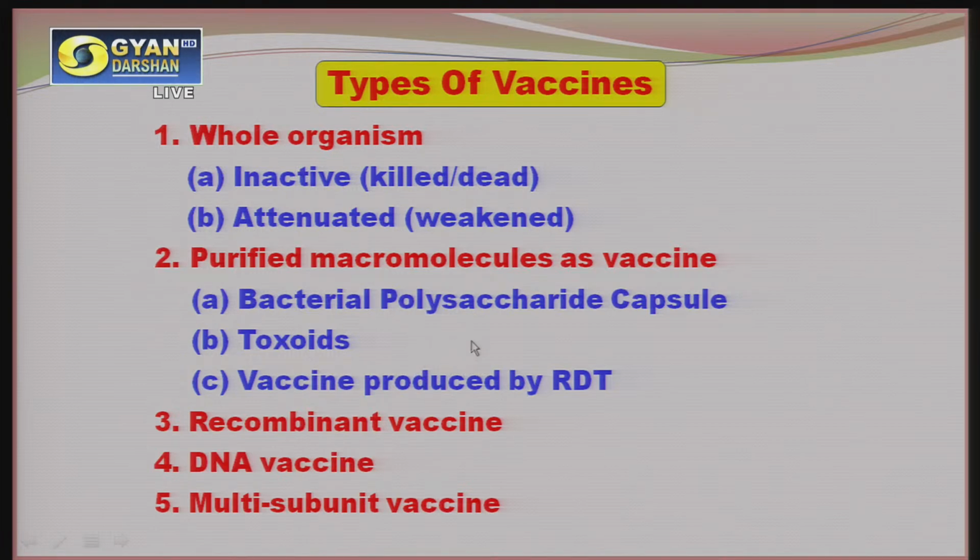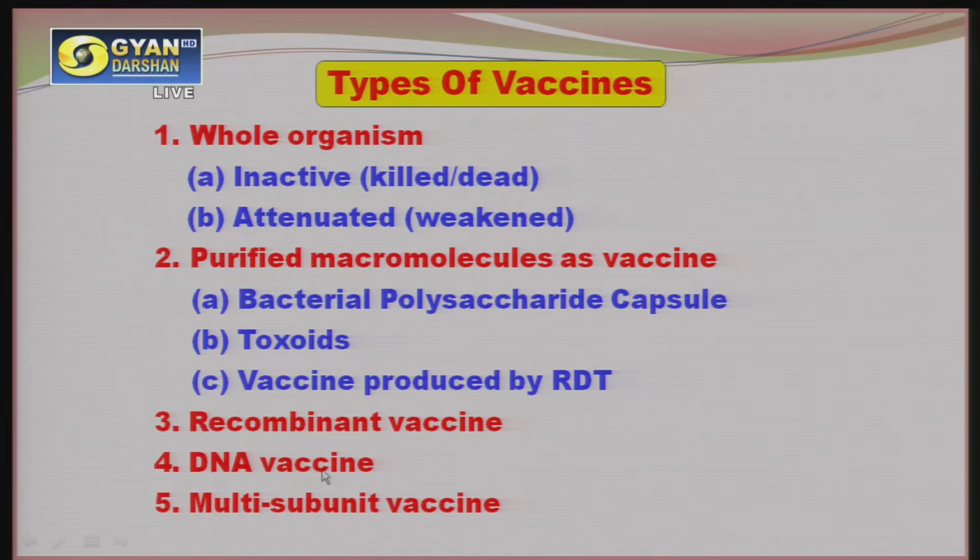We can ligate it, or we can inject it inside the body. They are able to express inside the body and produce the proteins. These proteins produce the immune response, and ultimately your body is able to fight against the particular infection. Another is the recombinant vaccines.